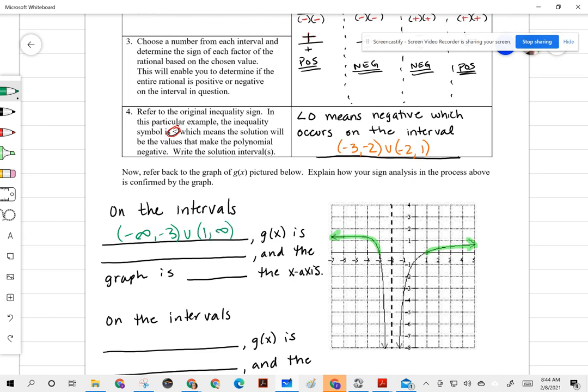Again, all we are doing is using our sign analysis that we did above to answer the questions about the graph. The g of x is positive, and the graph is above the x-axis. So let's take a look at that interval on our number line. So we got -infinity to -3.